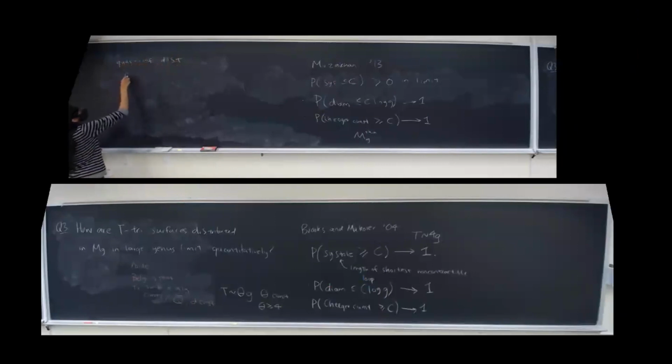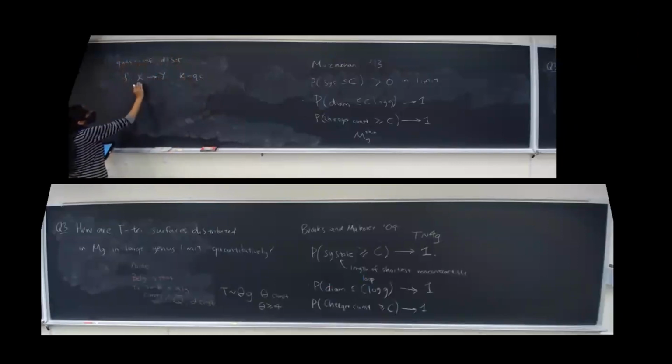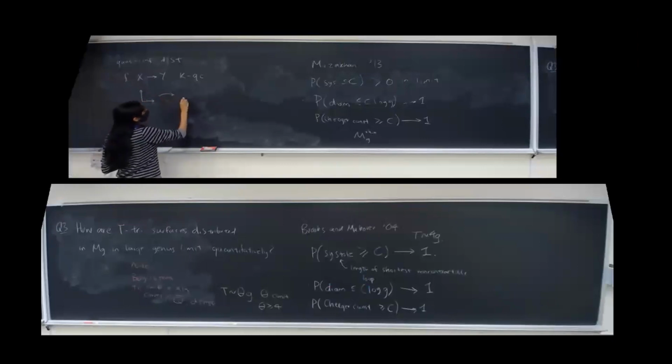So a map from X to Y is called quasi-conformal. Let me explain intuitively what happens. On the tangent space of X at each point, you can choose an orthonormal basis such that these two vectors get mapped to something like this.